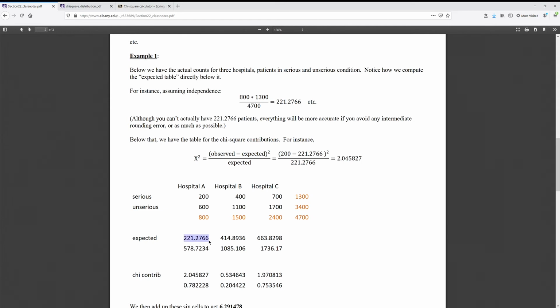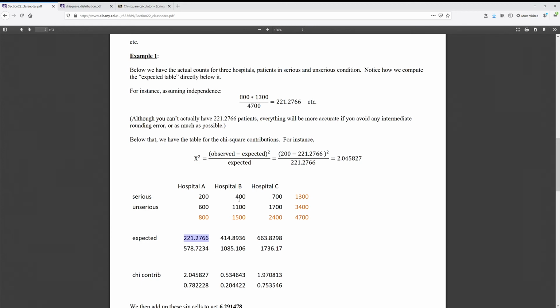So the chi-square contribution is going to be 200 minus 221.2766, squared, divided by 221.2766. Say again, it's this minus this, square it, and divide what you get by this. And that gives us 2.04-ish there. Likewise, and so on and so on.